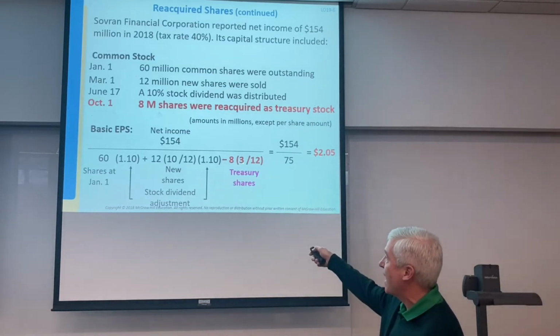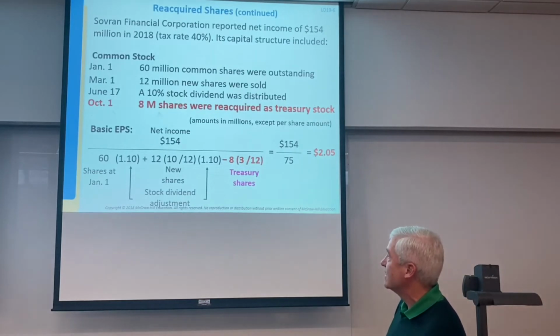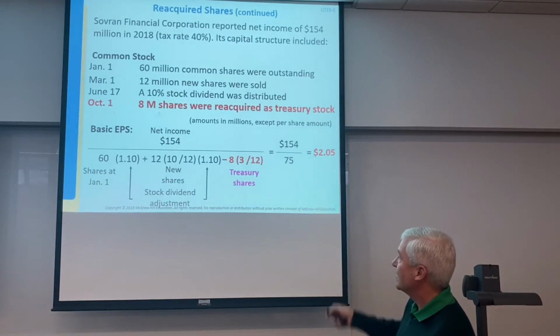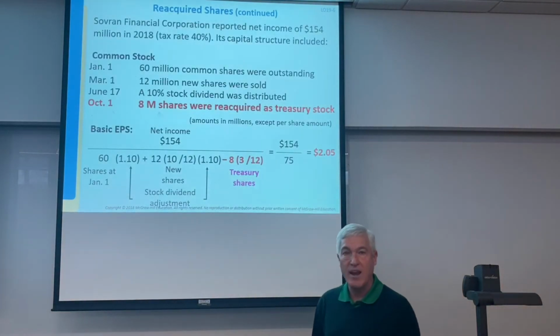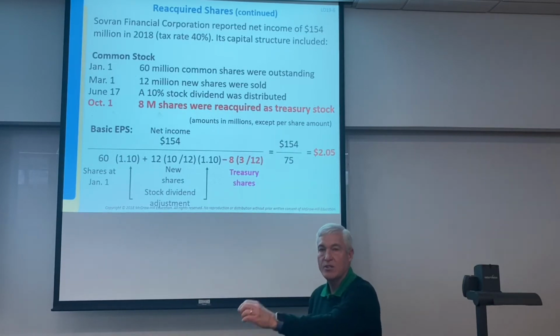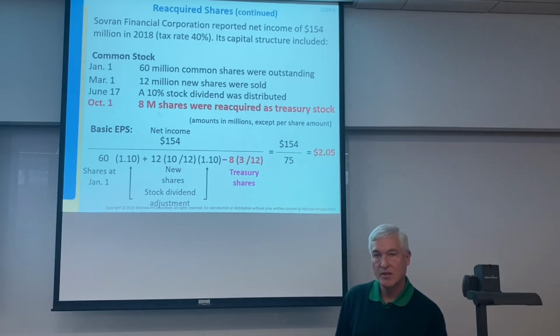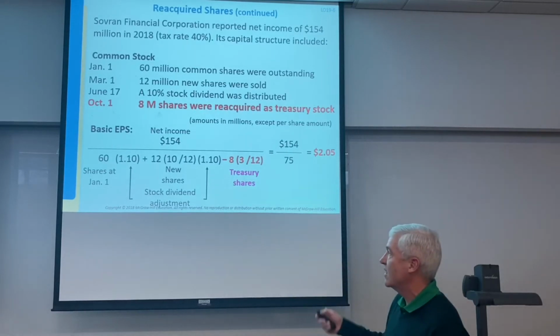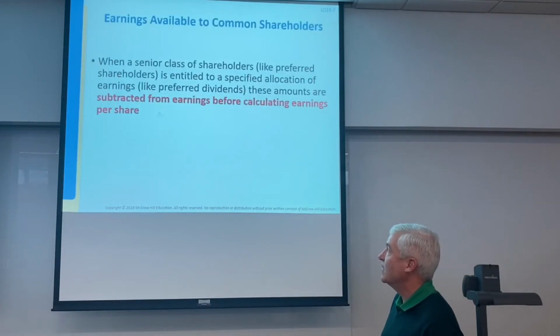So we're going to multiply that 8 by 3/12. And so we get now a 75. Because it's a weighted average, we take into effect a timing for issuance of shares and repurchases of shares. However, for stock splits, we go back and treat it as if it was at the beginning of the year, because those are not new investors. So that's the nuance here.